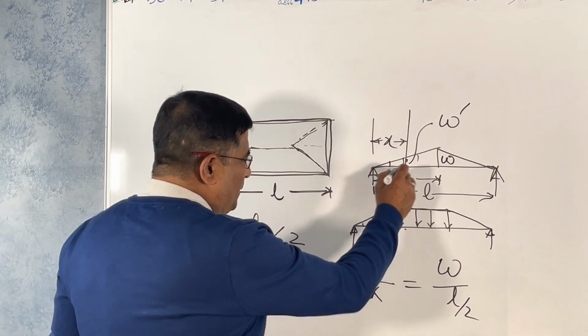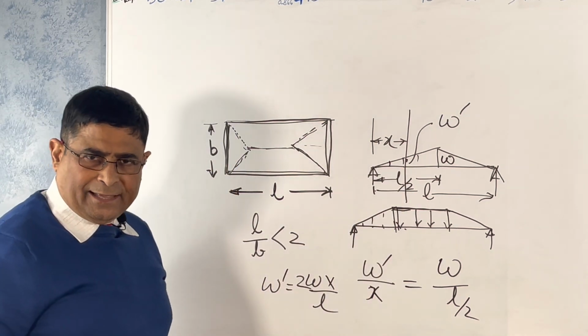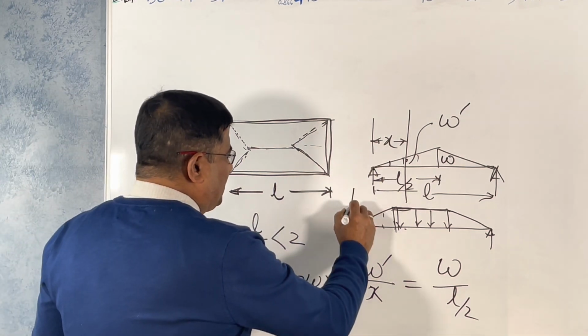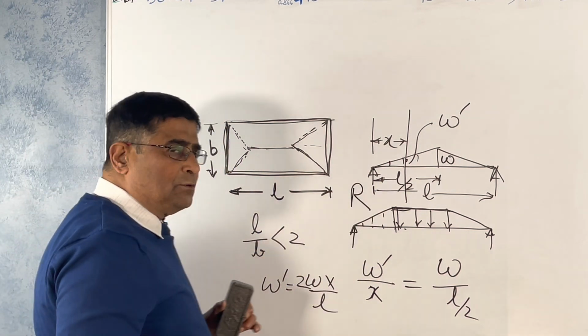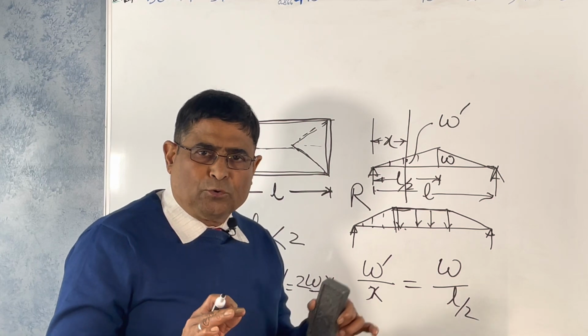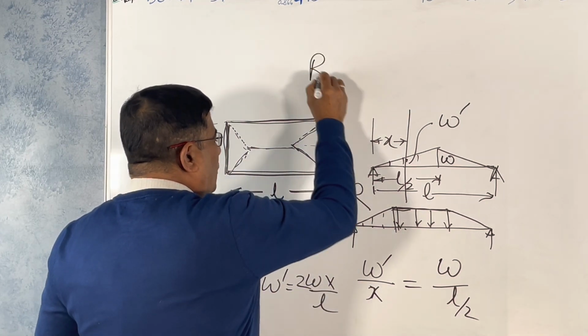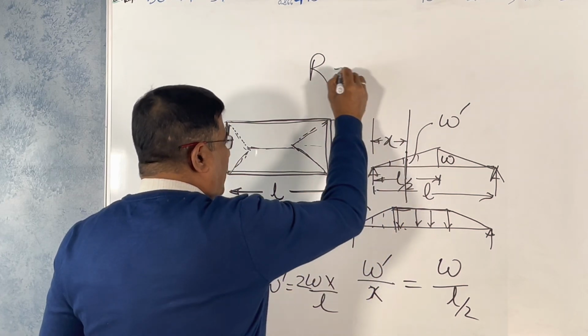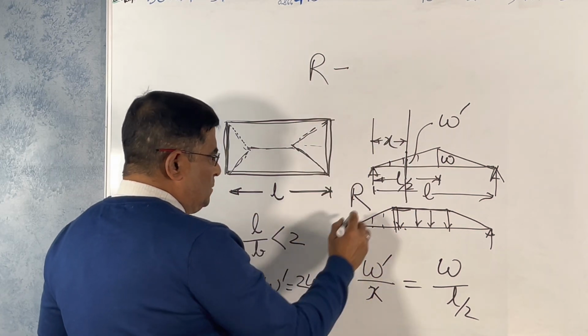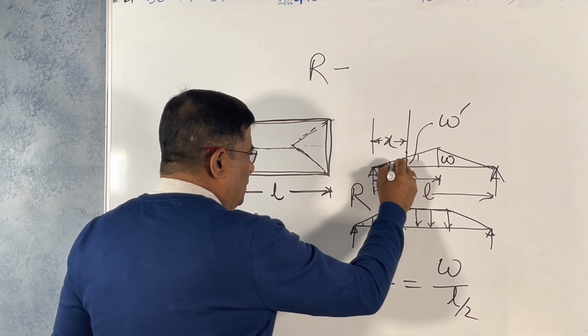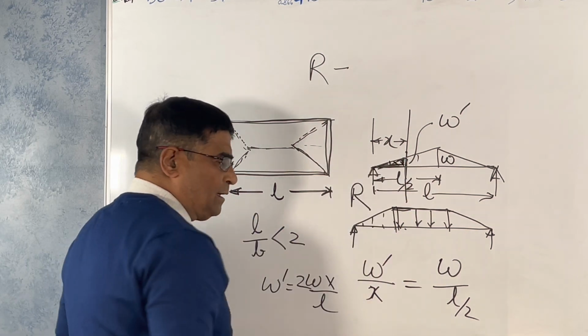The W prime is a function of x, where x is the distance from the left-hand support. If you find out the reaction R, I will solve a problem and then everything will be clear. What is the shear force here? R minus the total force coming there. You have to find the area of this triangle.